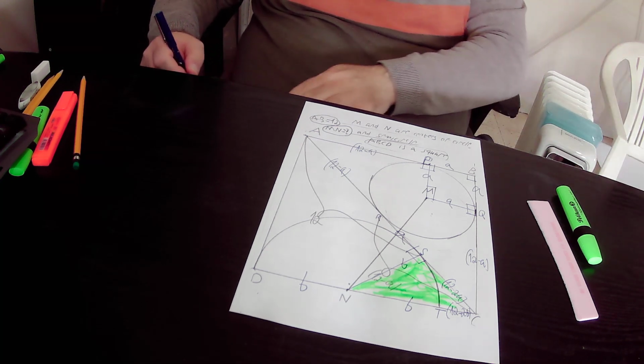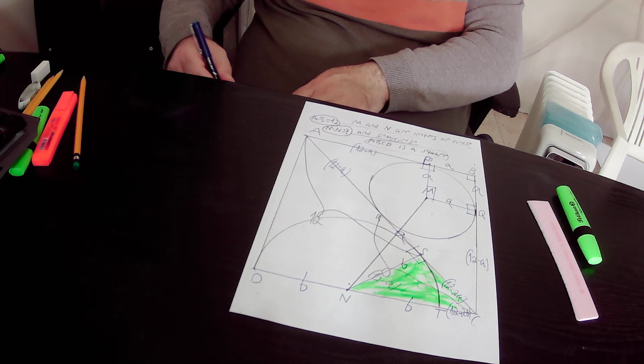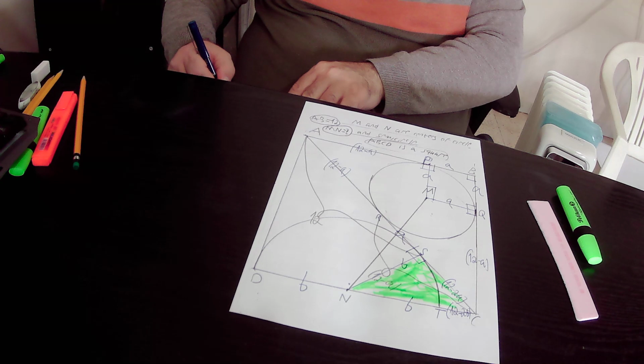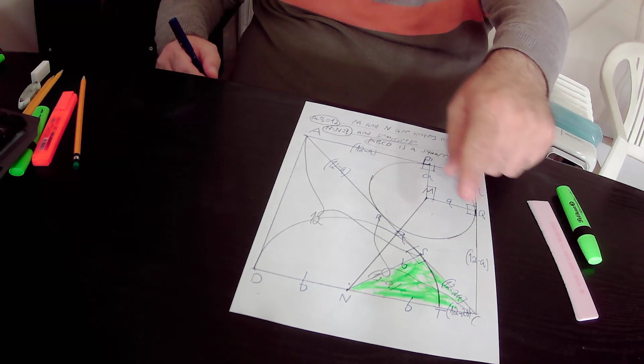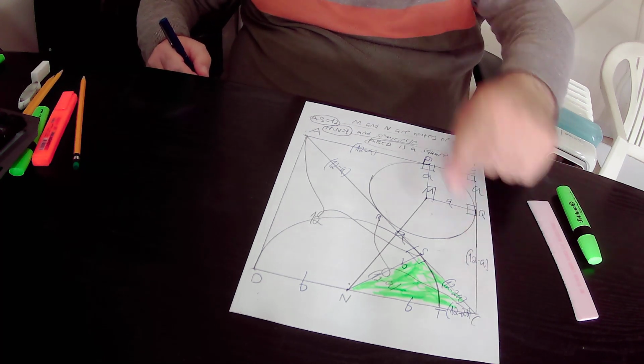So NC will be equal to NT, that is B, plus TC, that is 12 minus 2B.